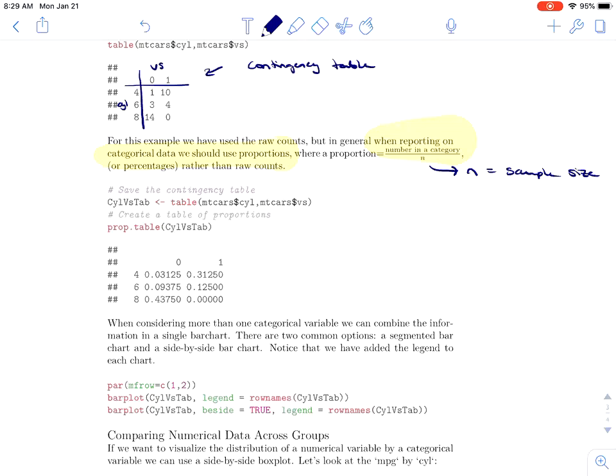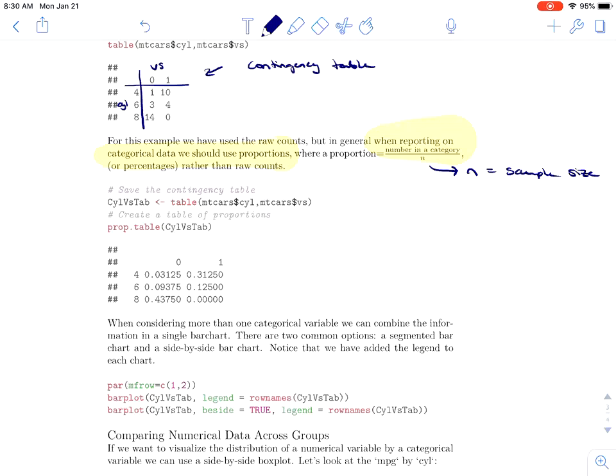So what we're doing here, we had 32 cars in our data set, so our sample size would be 32. If we wanted to make a table of proportions, we would take 1 over 32, 10 over 32, and convert these all to proportions. What percentage out of the 32 cars satisfy each of those criteria?